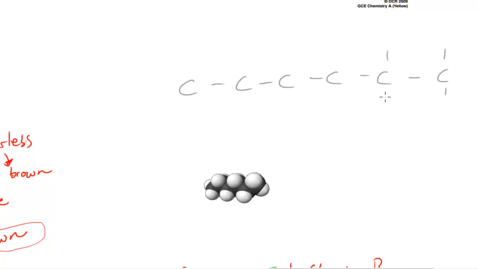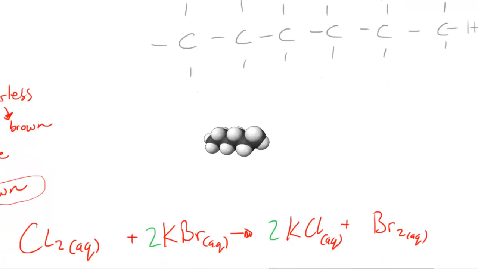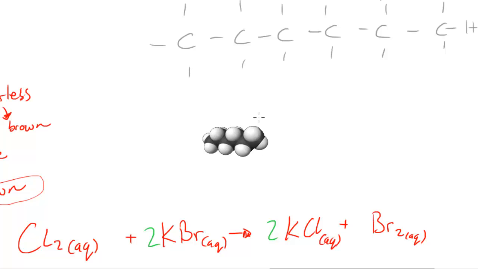They would be bonded like that, and all of the hydrogens would be at the ends of these lines, but I won't draw all of them. This would probably smell a tiny bit like petrol, and it would be colorless. At the start, this organic solvent would tend to be colorless.